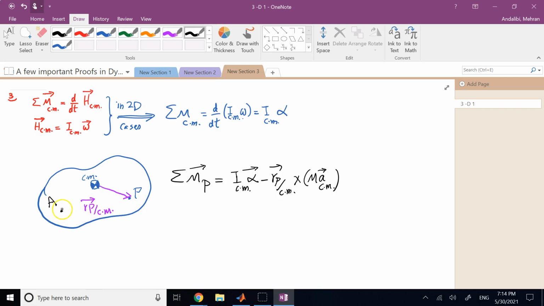And then you can find a point on the rigid body where, if you apply all of that resultant external force at point A, the moment of this single resultant force at point A with respect to the centroid is the same as the actual summation of the moments of all those external forces with respect to the centroid.